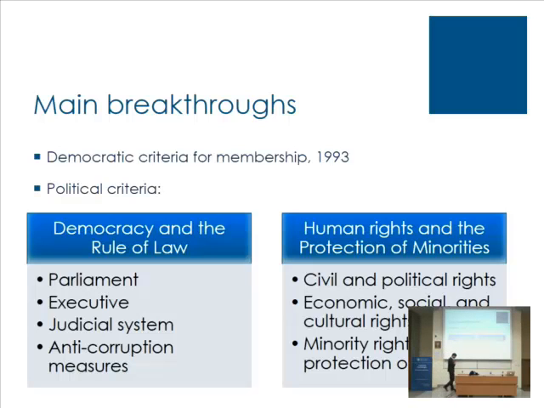So you see that this is the main problem of the political criteria of Copenhagen, that they are too generous. When we talk about parliament or executive, the main requirement of the EU is the smooth and correct functioning of democratic institutions.